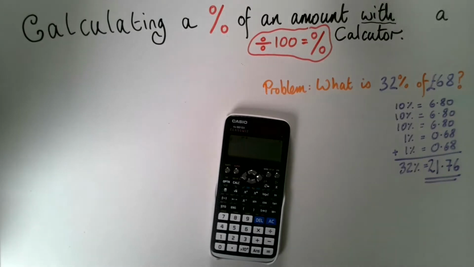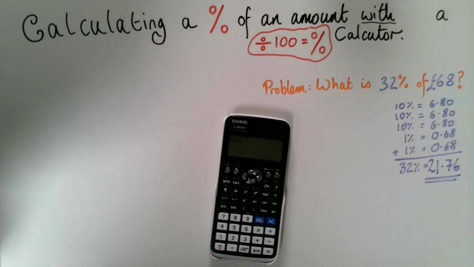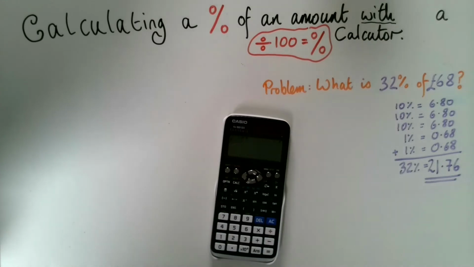And there is, but don't go using that percentage button that you may see on many calculators, because all that does is divide it by 100. So what we want to do is say, and it is important, the percentage does mean divide by 100.